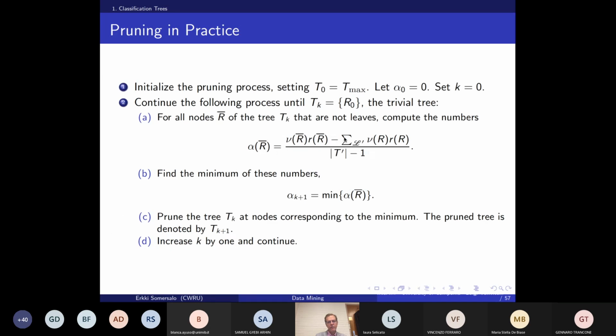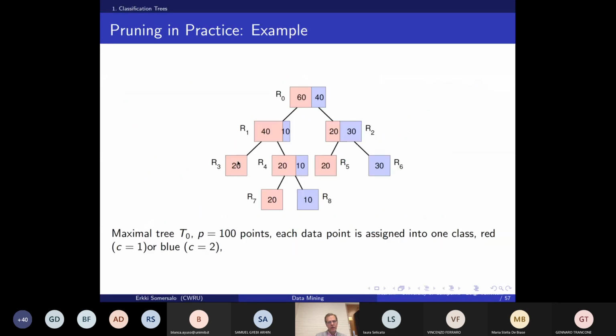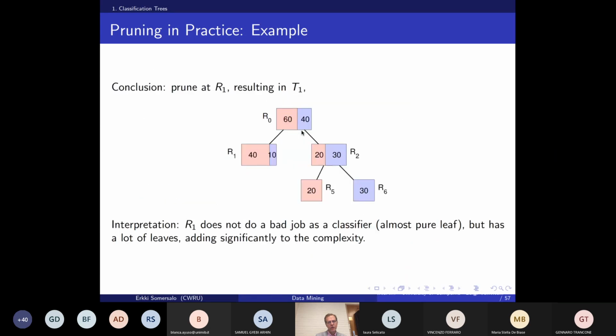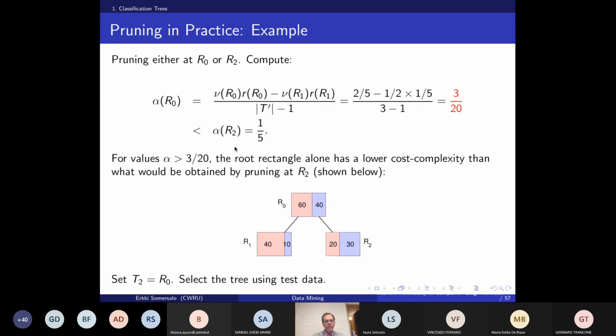This alpha formula contains a term that is referring to all leaves which are under the rectangle where I cut. Now I have changed the leaves of R0 because previously the leaves were these pure leaves. These are leaves corresponding to R0. When I have pruned, I have only 3 leaves and these are not the same leaves. And so therefore I need to recalculate the critical alpha for R0.